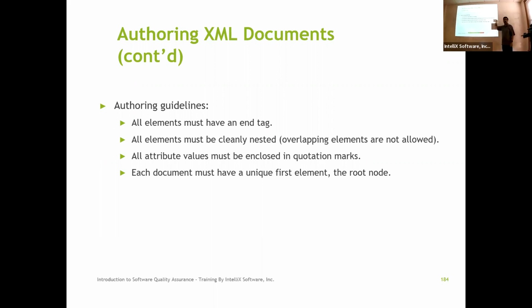So when I put a zip code, even though it was a number, I put it in quotes. Irrespective of whether it's a string or number, you have to put everything in quotes. And when you're authoring an XML document, each document has to have a unique first element called a root node. Let's look at an example.